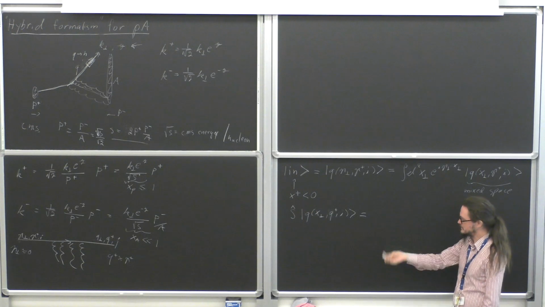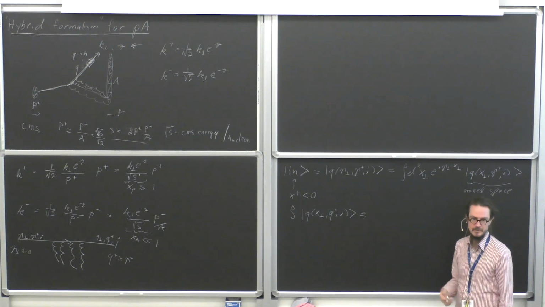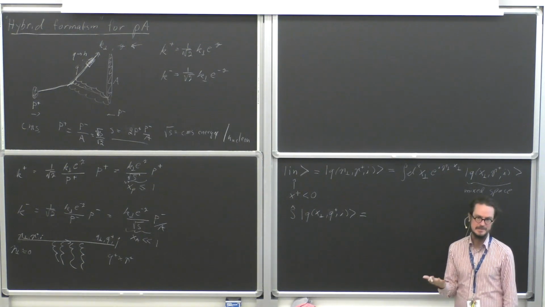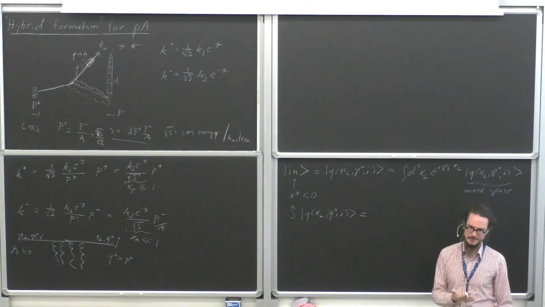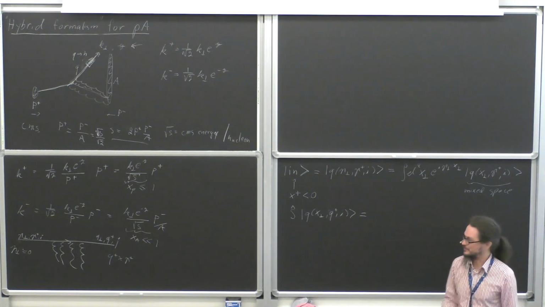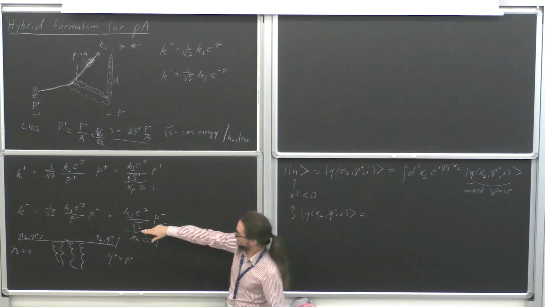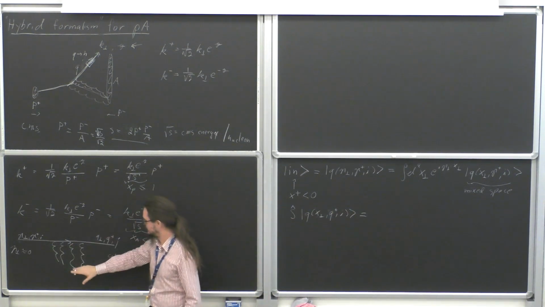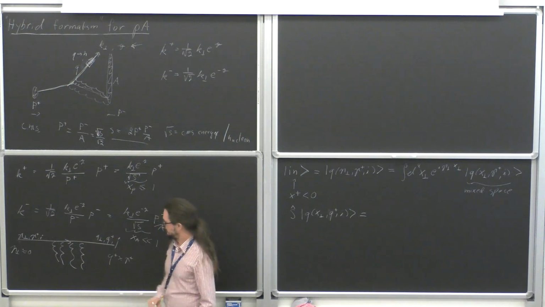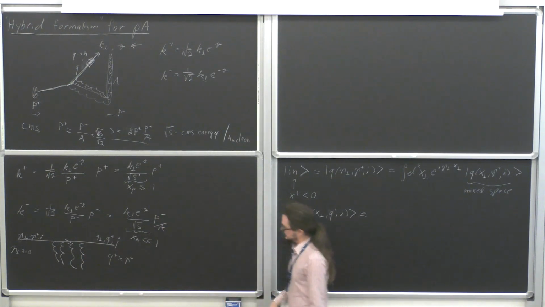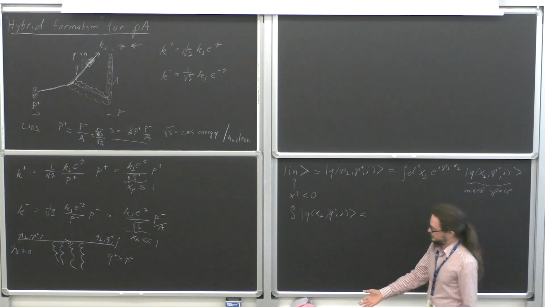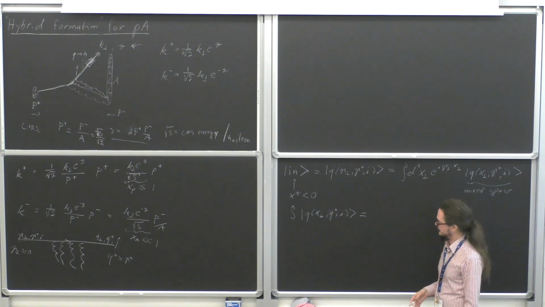Now this is a scattering of a classical field. You remember what happens when you scatter off a classical field in the high energy limit, in the eikonal approximation, where we have a quark that has a very large plus momentum. It's going through the classical field. The classical field doesn't depend on x minus, so it does not contribute any plus momentum.